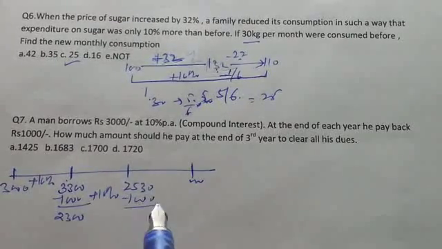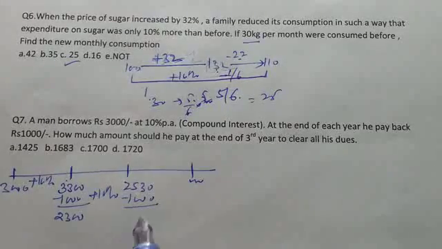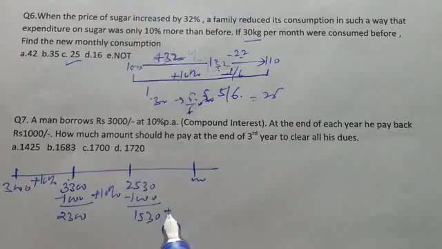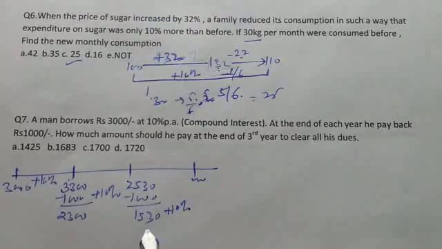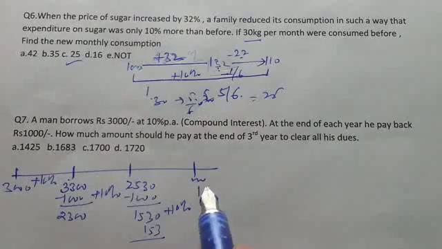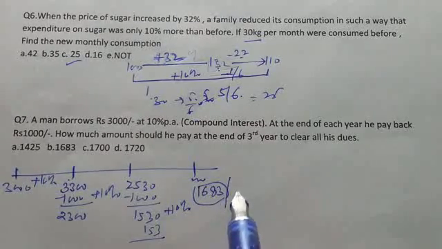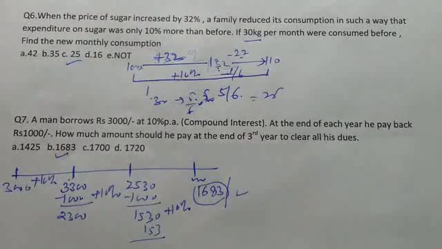Again, decreased by 1,000 because he has already paid 1,000. So it is 1,530. Again, 10% of it, that means it will be added with 153. So it becomes 1,683. So that means he has to give 1,683 rupees more to clear all his dues, correct?